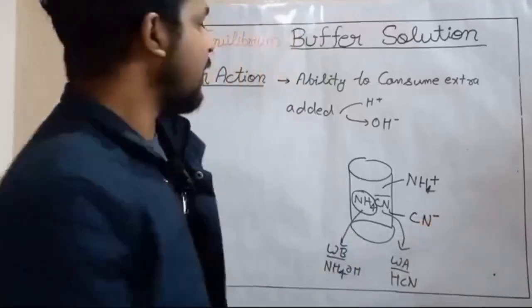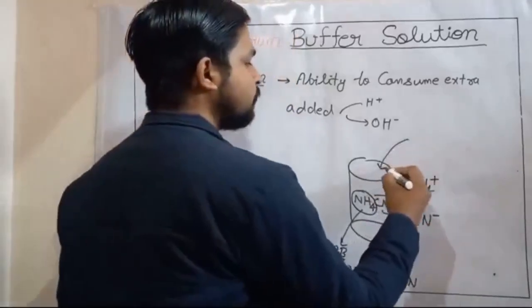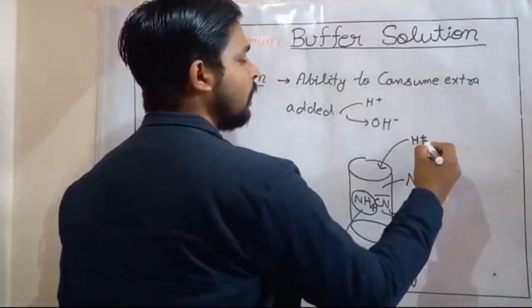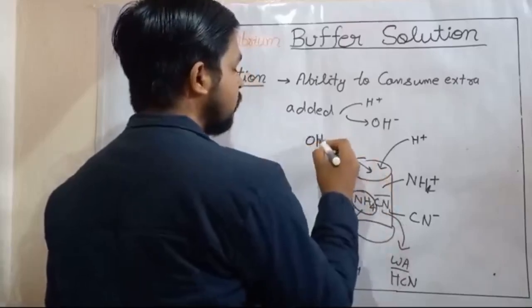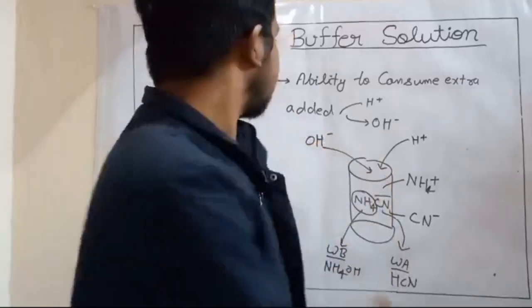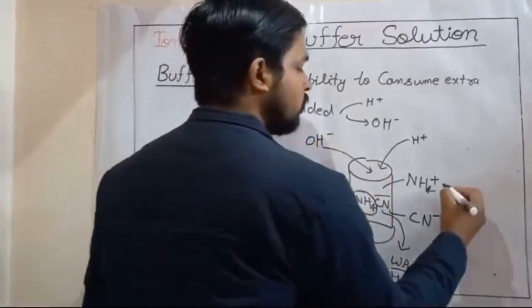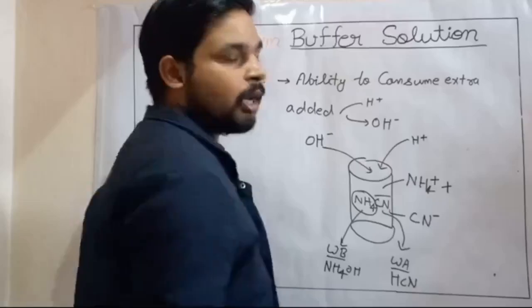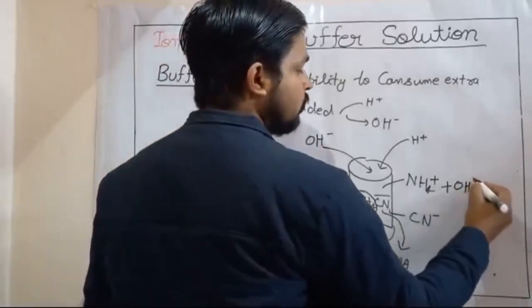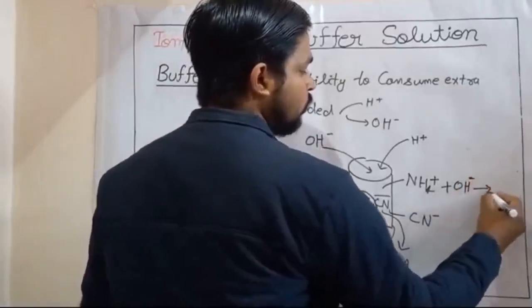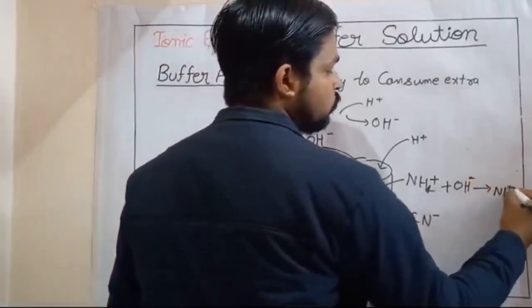If we add an extra amount of H plus and OH minus ion in the buffer solution, we can now see the action of the buffer solution. If we add an extra amount of OH minus ion, it is consumed by the NH4 positive ion to form NH4OH.